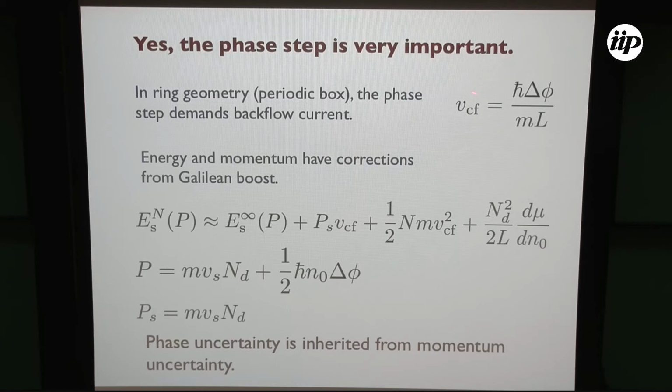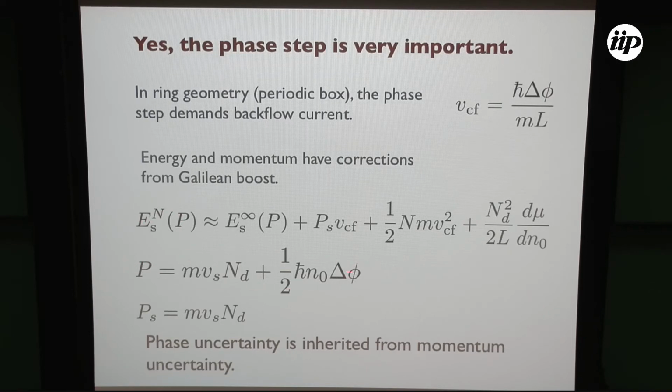And that, of course, is given by the phase step divided by L, and then h bar over n. Now, we calculate it from the momentum formula, because we say this corresponds to a Galilean boost that you apply to the original system. And then this has some consequence for the energy and for the momentum.